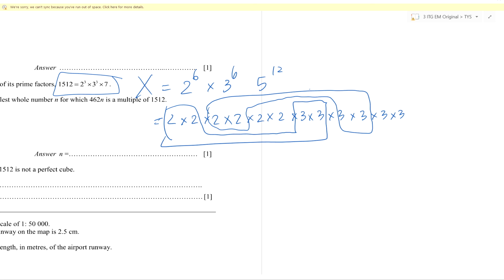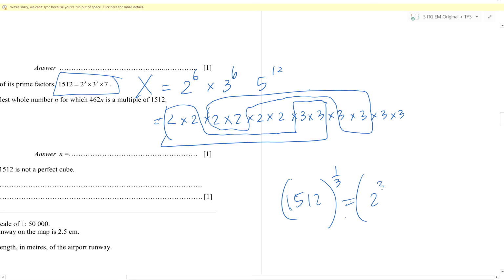Okay, so he's bringing us to this, which is actually the foundation. We learn indices by listing everything down. Then when we talk about cube root, we are talking about power 1 over 3. So if I write down 1512 over here, power 1/3, let's see what this gives us.